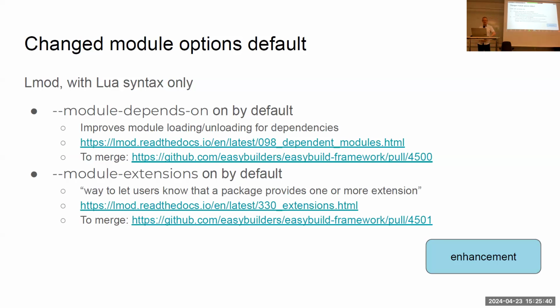Module depends on by default improves the loading and unloading experience, and module extensions on by default allows your module file to know that where we say have SciPy-bundle there, it allows you to go, well, SciPy-bundle actually also has NumPy and whatever. So if you do module avail NumPy, it'll go, yeah, but that's in SciPy-bundle there. I've linked to the Lmod documentation. That's very much, and obviously my slides will be available later online, so you'll be able to follow links there.